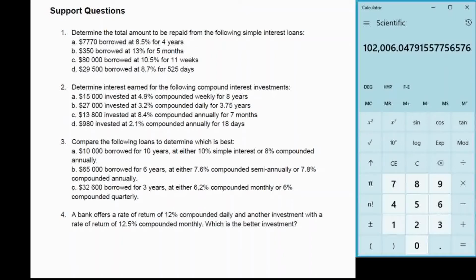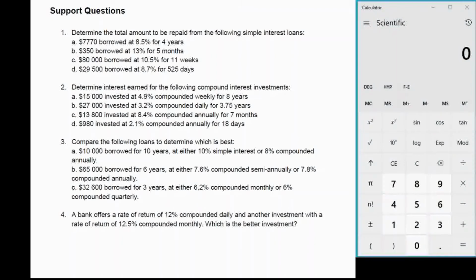Is this less than this value? It's more. And it's actually more by $315.26. So you're better off taking the 7.6% compounded semi-annually investment over the 7.8% compounded annually investment. That's how you'd answer a question like this.